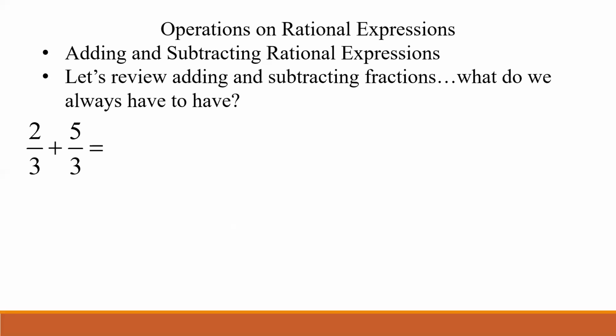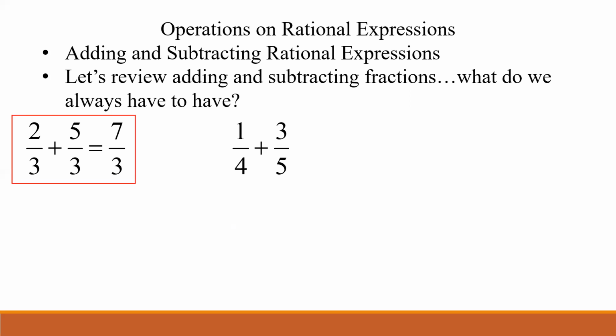On this first example, my denominator is already the same, so there's nothing else I have to do. When we add the fractions, we just combine the numerators. So 5 plus 2 is 7, and the denominator stays the same, so you have the sum over 3, and you're done. But what if they're not the same? What if we have 1/4 plus 3/5?